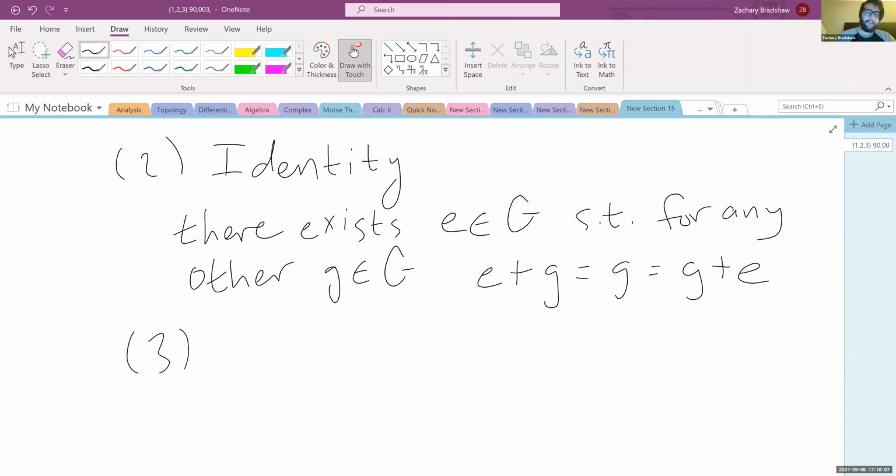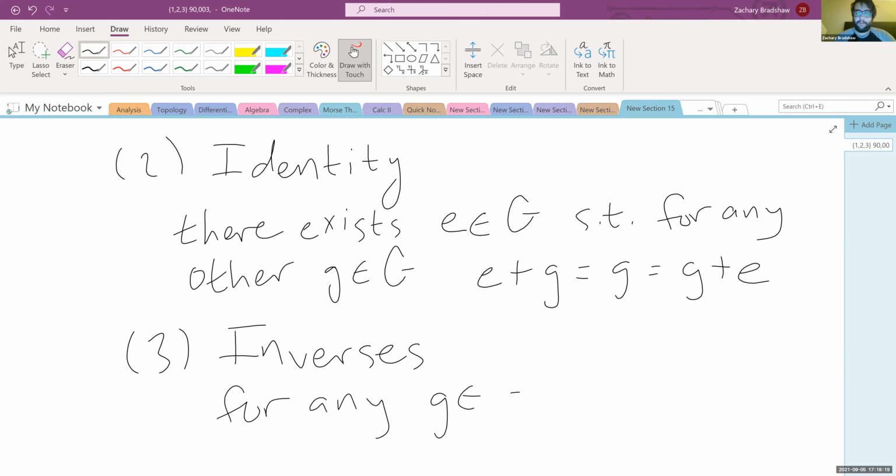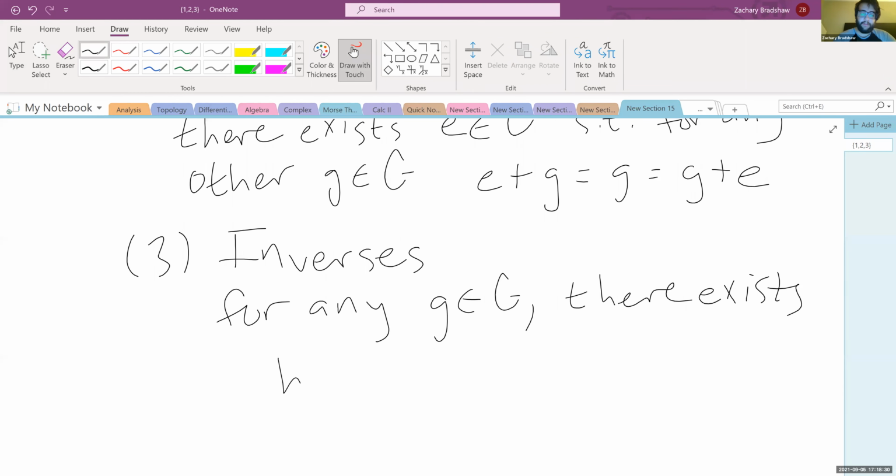And the last thing we need is the existence of inverses. So for any g in G, we need that there exists an h in G such that g plus h is the identity.